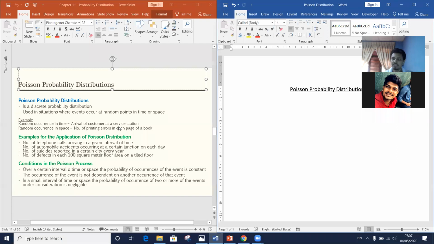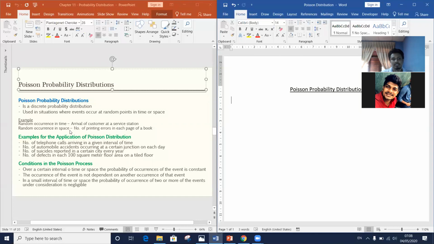If we take per week, if there are on an average 100 customers, what is the probability of arriving 200 customers per week? What is the probability of 101 arriving? That sort of a thing we are going to do here. We are given an average, and based on it we calculate the probability for any given value.